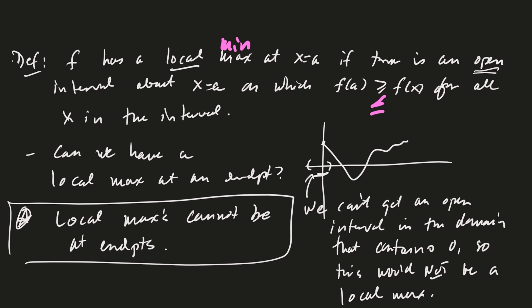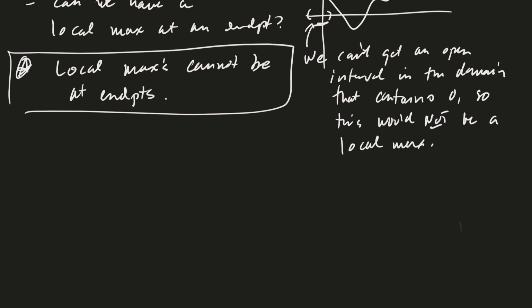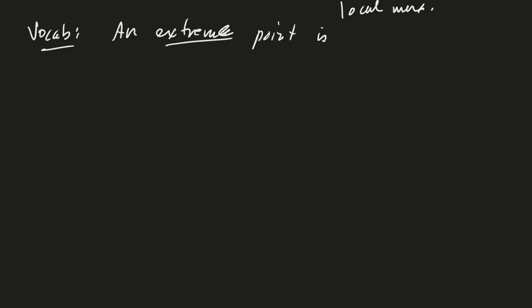Good. Now, so far we've been talking about maxes and mins, and some things are true about both simultaneously. So there is a word that we can use. Let me switch back to the color, vocab. An extreme point is either a max or min, or both.